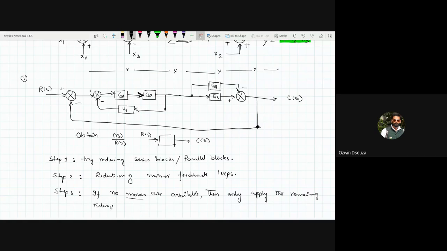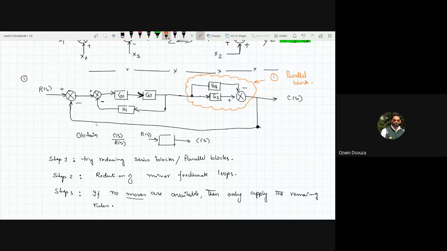Now if you look at the given problem, you see that there are some series blocks and there are some parallel blocks. For example, I see some parallel blocks over here. Let's say this is my step 1, and what is this? Parallel block.